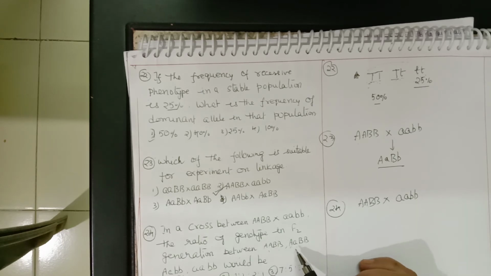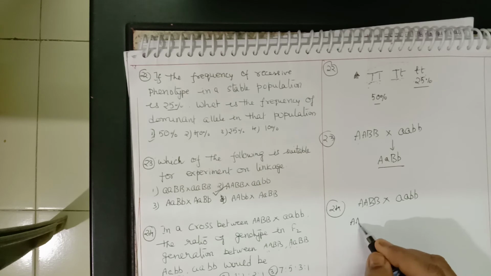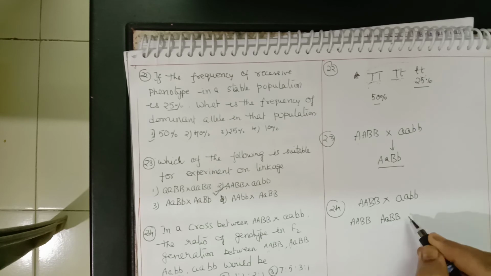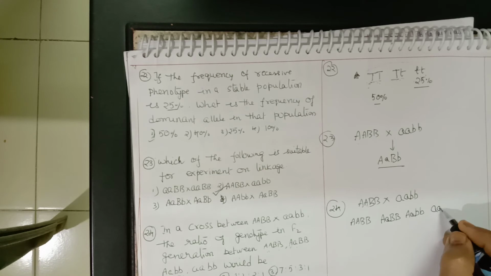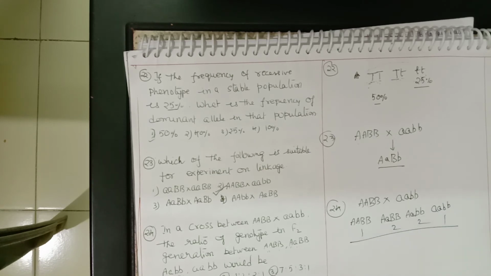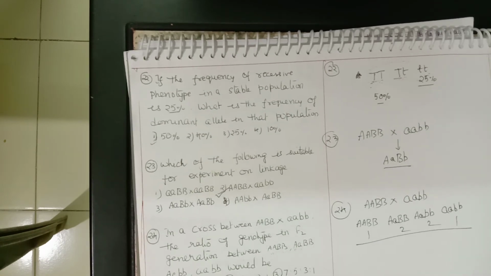This again you can find out by knowing completely the checkerboard or complete genotype of F2 progeny. So we get in this manner 1:2:2:1. If we take the given genotypes and refer to the checkerboard given in the F2 progeny, you will be able to easily identify these genotypes. You will get in this ratio 1:2:2:1. Okay, now going to the next question.